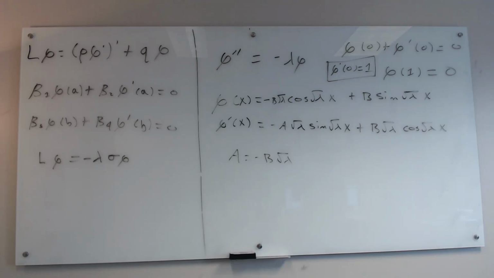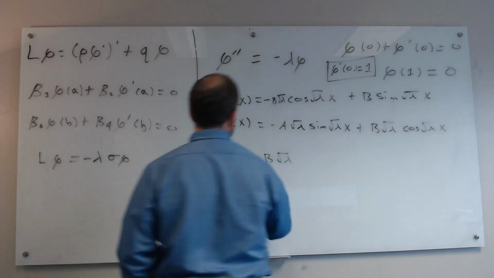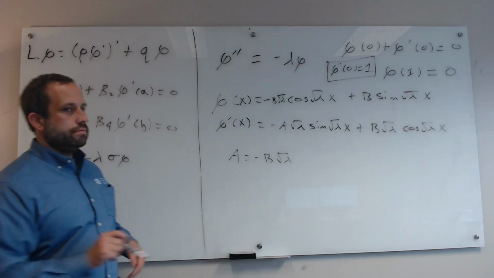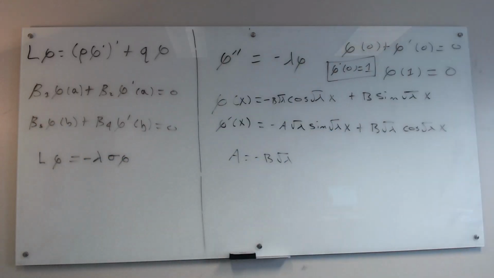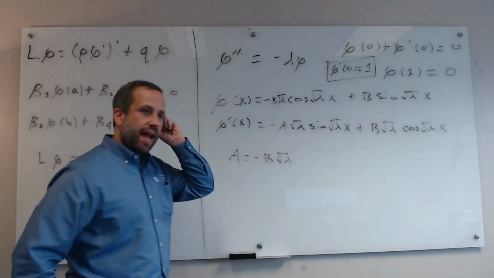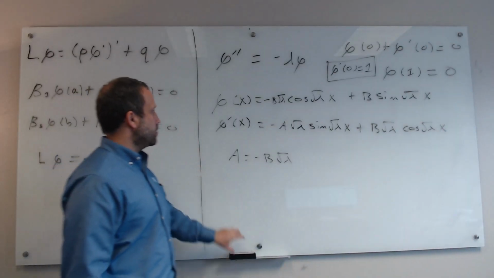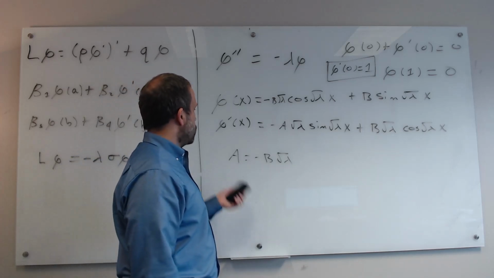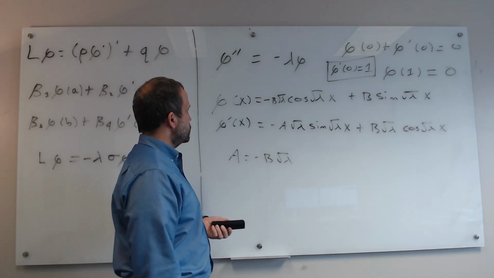Sorry about that. Yes, okay. So now a, sorry, I'm doing this slightly differently than I had in my notes. I realize that now, and it's confusing me just a little bit. Sorry about that. Okay, so a is equal to minus b times the square root of lambda.